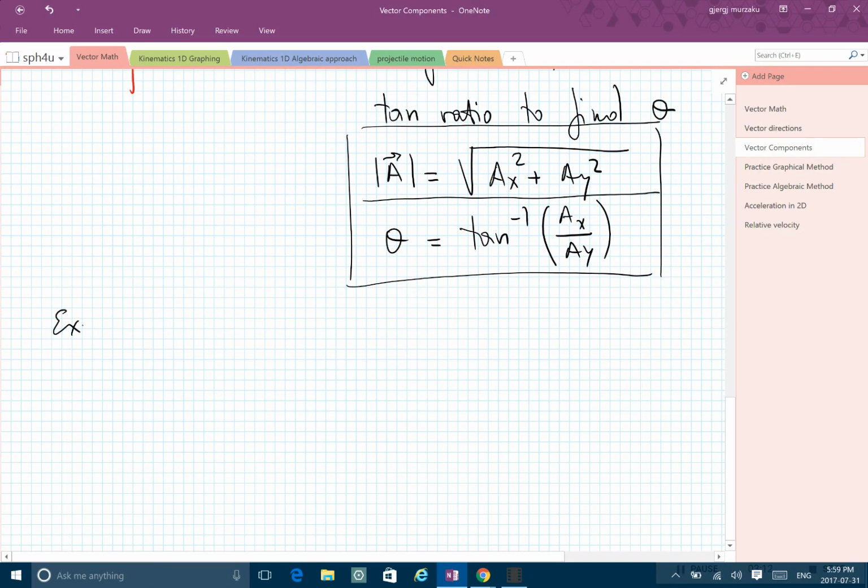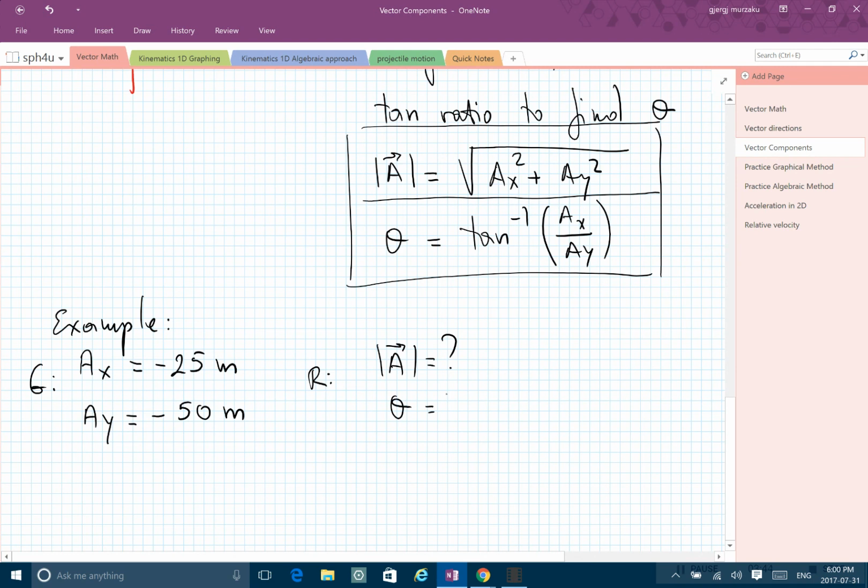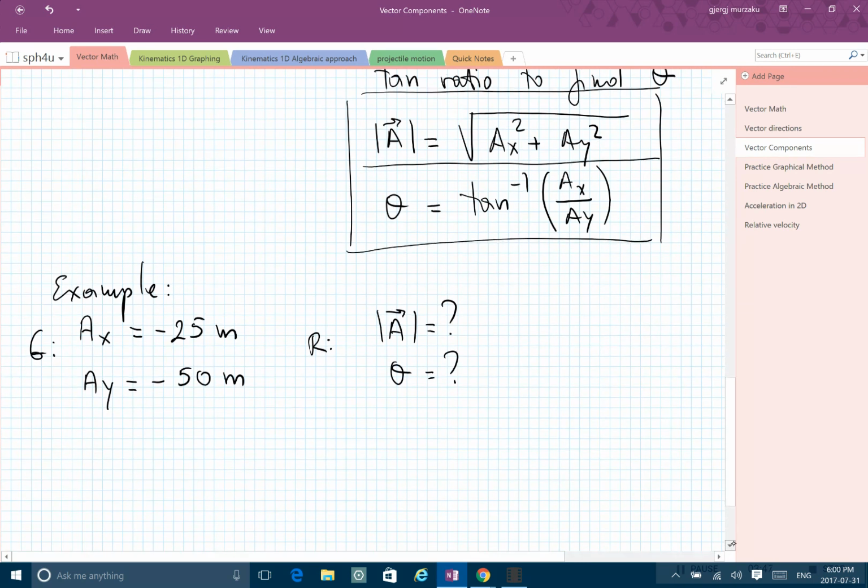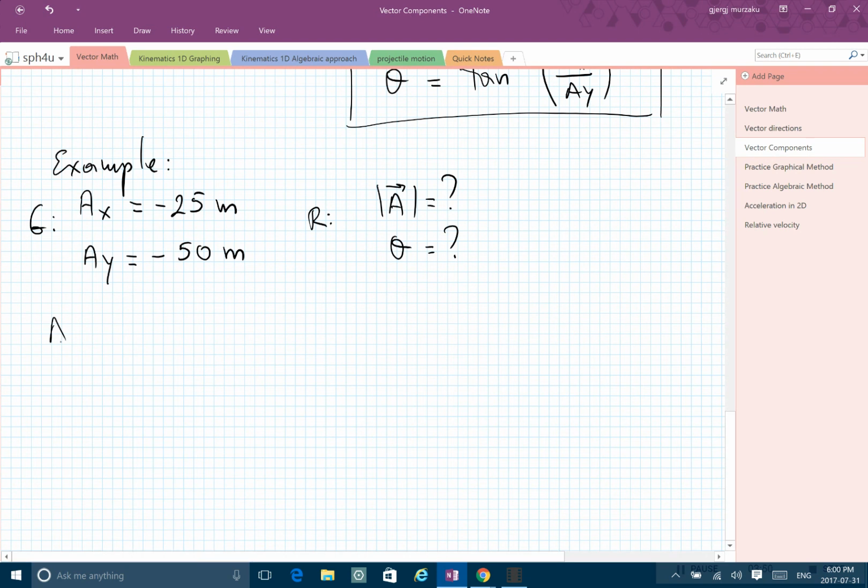So here's a quick example. Given is a vector with AX equal to minus 25 and AY equal to minus, I don't know, 50 meters. And what we want to find is, again, the magnitude of vector A and a direction angle for vector A. Usually what I like to do always, in physics or in math, is draw it.